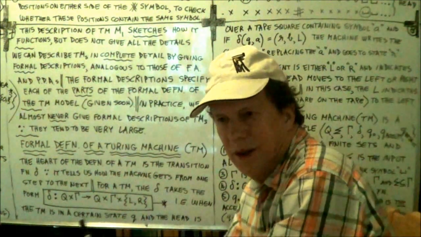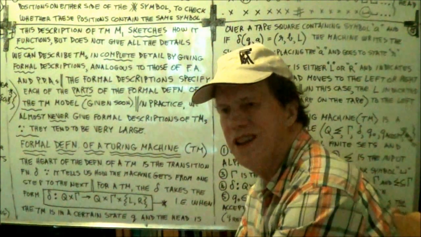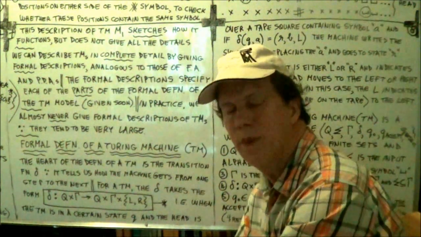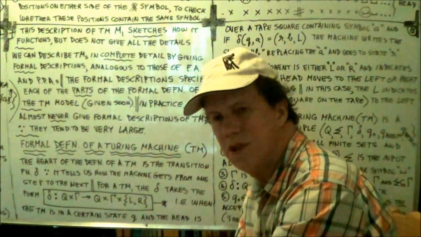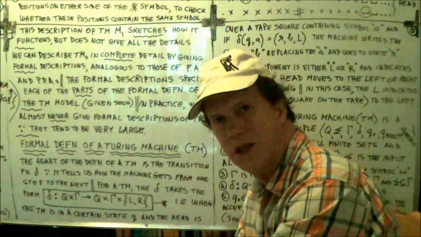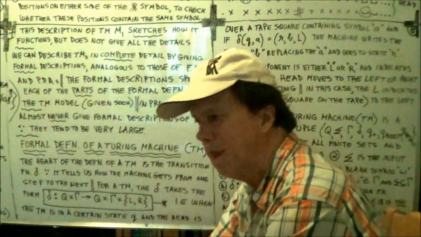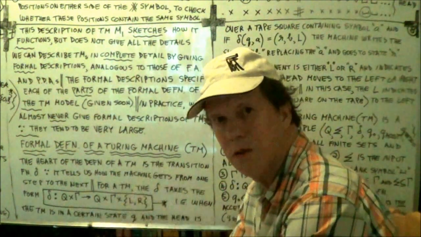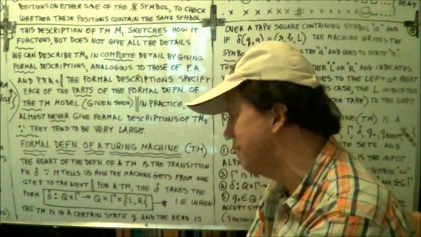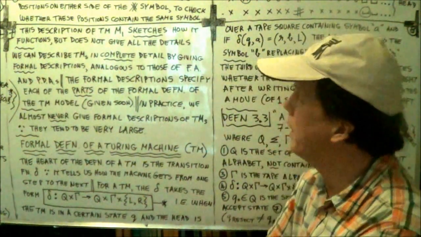Basically, that's what the transition function does. It transitions, it changes from its current situation to the next situation, speaking broadly. Okay, and it's no different for the Turing machine. It's the same. All right.